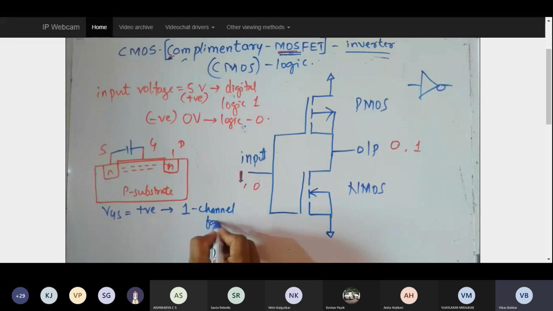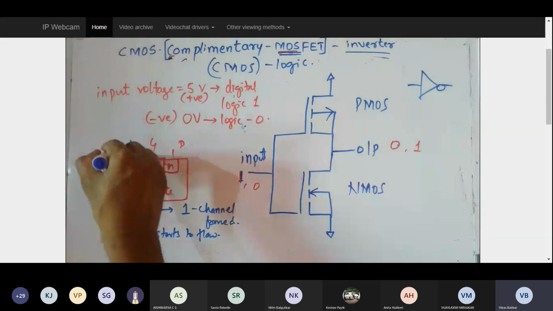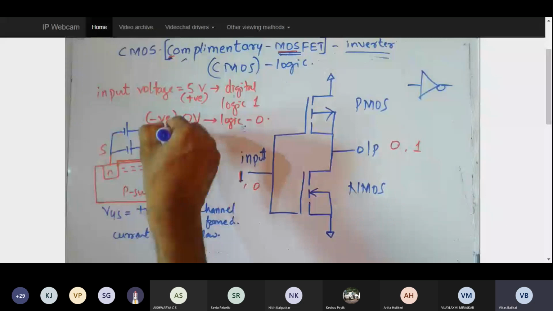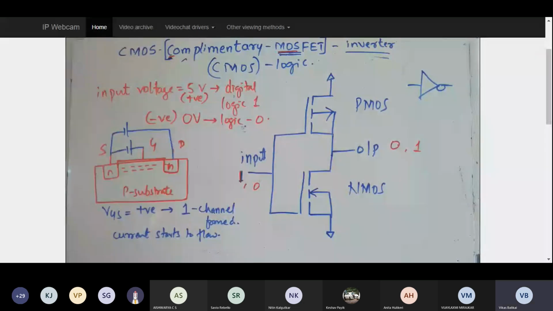Once the channel is formed, current starts to flow, from drain to source or source to drain. So this is my entire logic. I don't consider the current flow itself, because ultimately my logic here is to understand when the device turns on. For the device to be on, if it is NMOS, I should apply VGS as positive voltage, which means a logic 1.